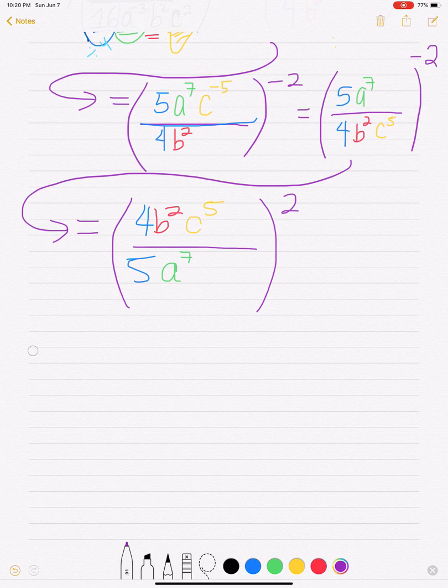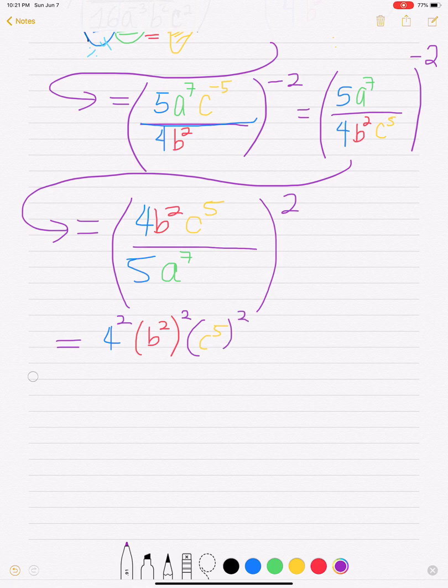So you flip the fraction and change the sign on the big old exponent out there. Now we're going to distribute that exponent to everything up top and everything on bottom. So here we go. We're going to take 4 squared, B squared squared, C to the 5th squared.